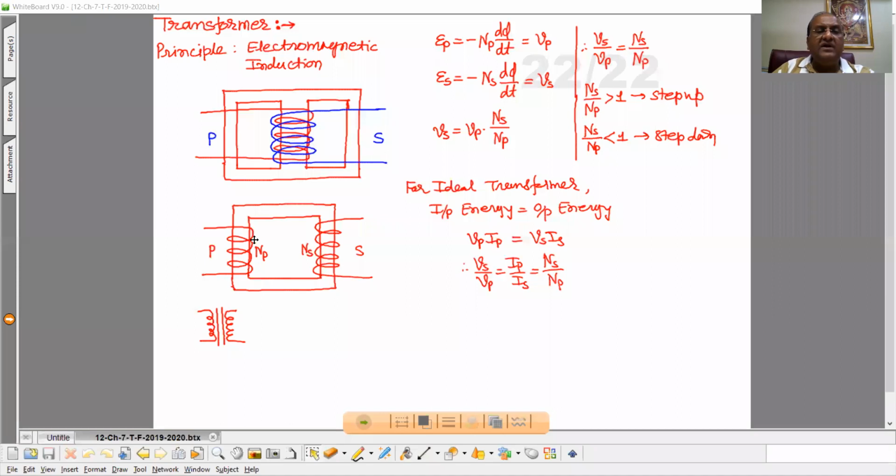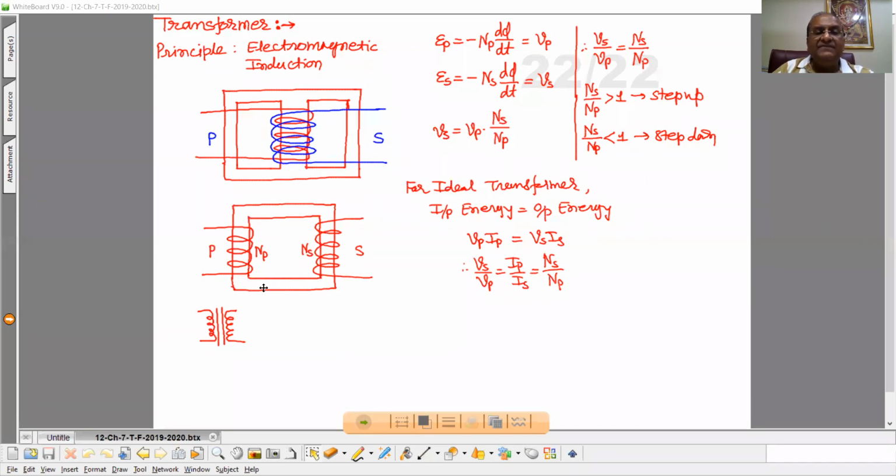Now when the current is flowing through this primary, the magnetic field is produced, and those magnetic field lines pass through this primary coil. The primary coil is wound on the core of soft iron, and soft iron attracts the magnetic field lines, and therefore maximum magnetic field lines will pass through this one.